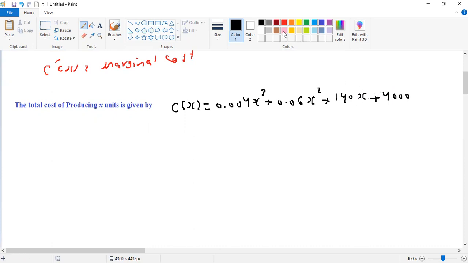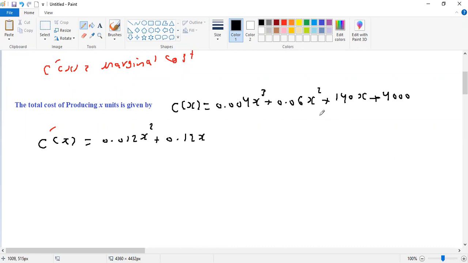Now, what is C prime of x? The derivative: 3 times 0.004 is 0.012, so 0.012x squared, because 3 minus 1 is 2. 2 times 0.06 is 0.12, so 0.12x, because 2 minus 1 is 1.